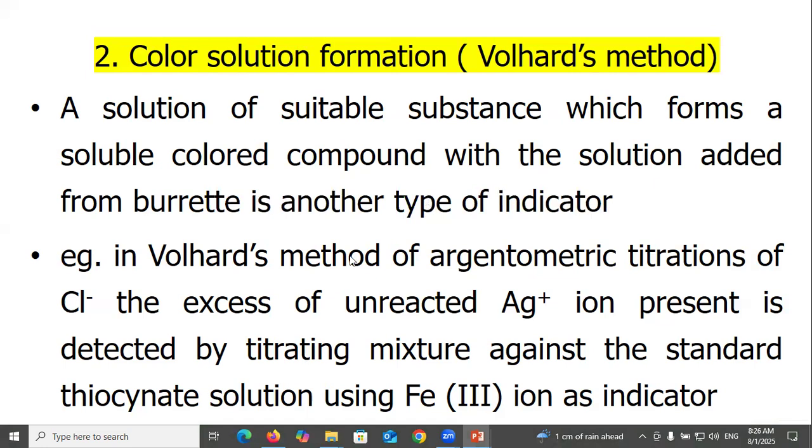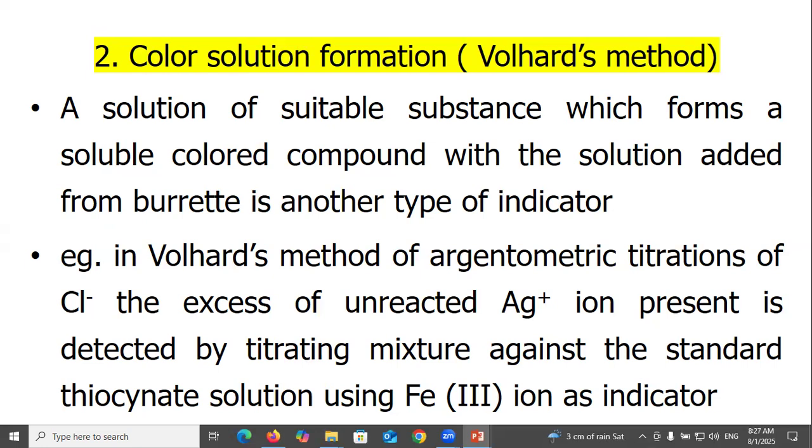For example, in Volhard's method of argentometric titration of chloride, the excess of unreacted silver ion present is detected by titrating the mixture against the standard thiocyanate solution using ferric ion as indicator.